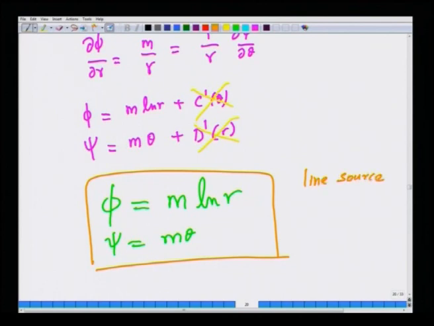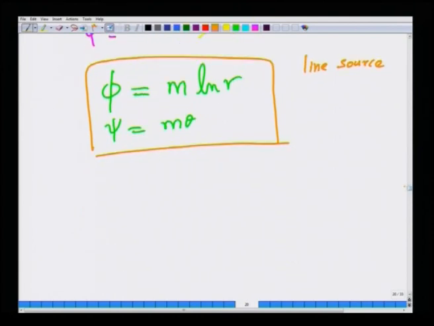These are the descriptions of velocity potentials and streamlines. So, let us look at lines of constant r. Lines of constant r are circles. So, the equipotentials are circles, and lines of constant theta are radial lines. I am going to plot them with pink color.